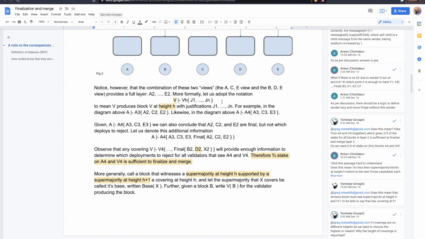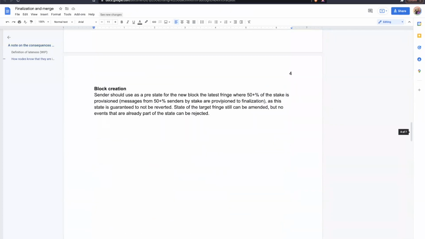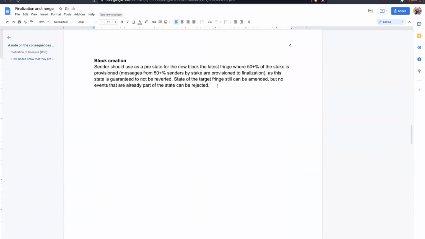To make that a little bit more concrete, I'll just put that down here in the bottom, just as a little scratch pad so that we can see what I'm saying.